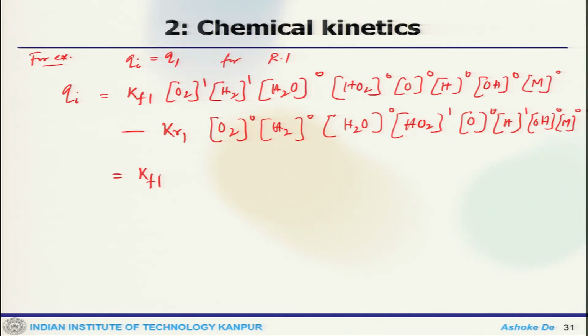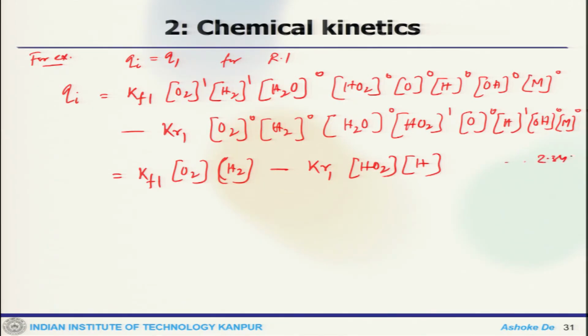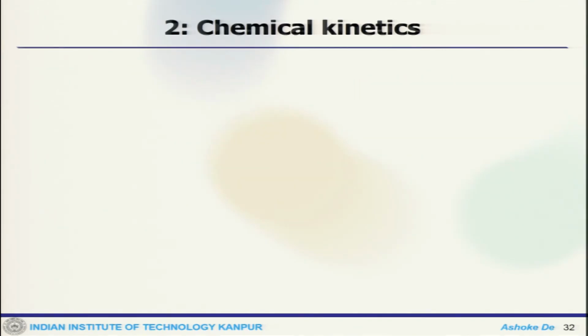Which is k f 1 [O2][H2] minus k r 1 [HO2][H]. Similar expressions one can write for I equals 2, 3 and 4. Since it is a simple H2O2 mechanism and you have only a limited number of species like 8, you can actually write all the individual expressions and see how they correlate with the compact notation.